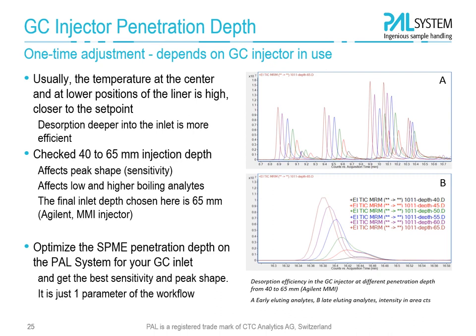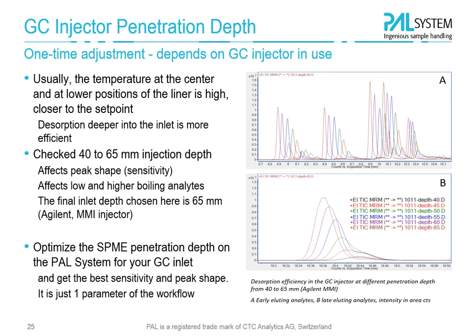What we checked here is an injection depth of 40 to 65 millimeters. And we see how this affects the peak shape and for sure then also the sensitivity of the peaks we can detect.